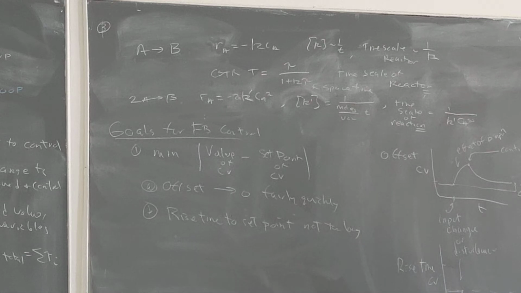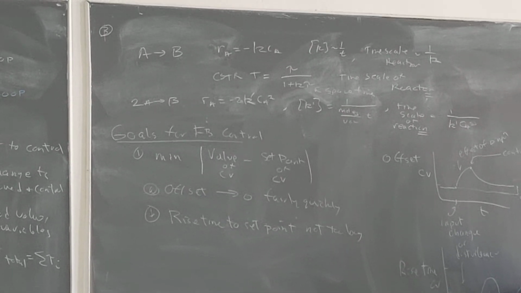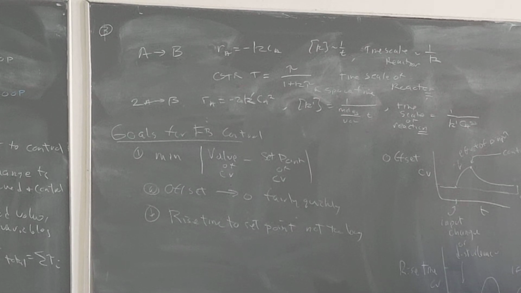If the controller is mild, then it might come back like this. But if the controller is too aggressive, the controller might overcorrect, and I might go above, and then have to come down, and then come up and down. So this is if the controller is too strong, if the controller overreacts.